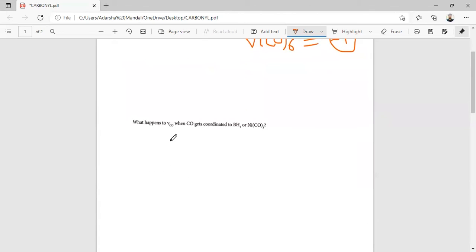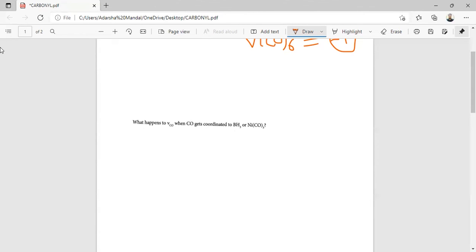So the next question is, what happens to the stretching frequency of CO when CO gets connected to BH3 or Ni(CO)3? So we know that CO is a strong sigma donor ligand, and it will donate electrons to the vacant pi star orbital.